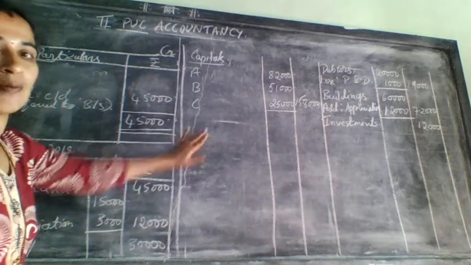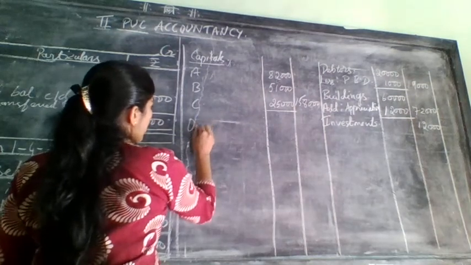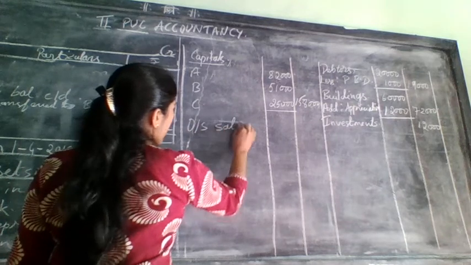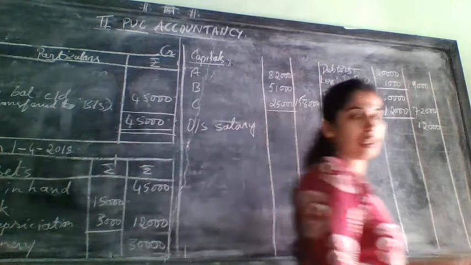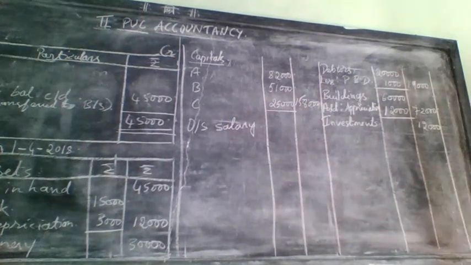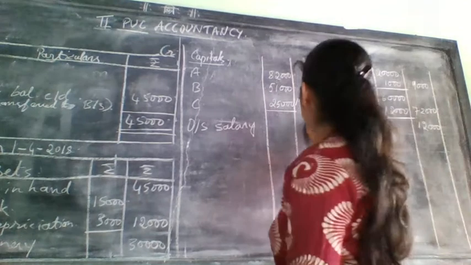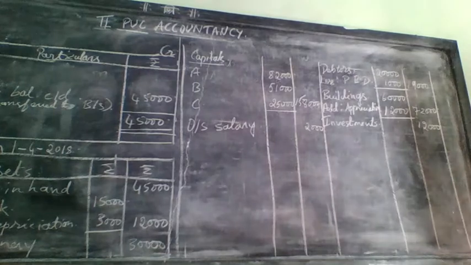So unrecorded liability will come on the liability side of the balance sheet. Write it as it is, outstanding salary. No need to do any adjustment at all. What was the amount? 2,000 directly on the outer column of the balance sheet.